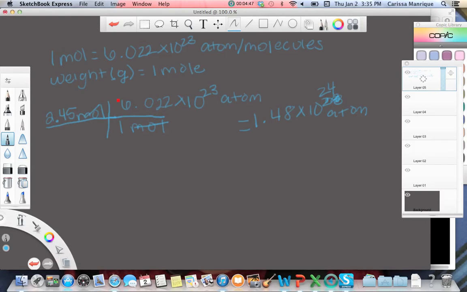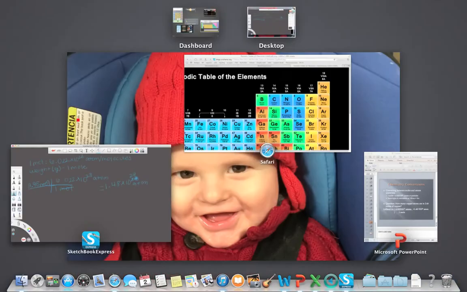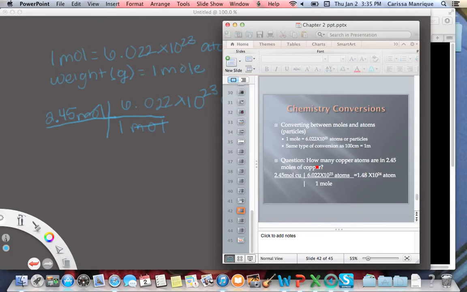So that tells us if I have 2.45 moles of, what was I looking at? Copper. If I have 2.45 moles of copper, that means I have 1.48 times 10 to the 24 atoms of that.